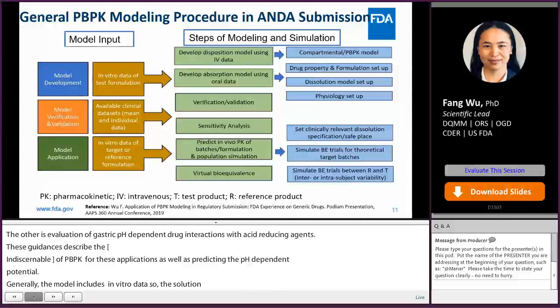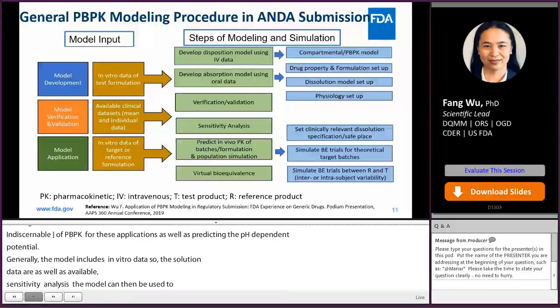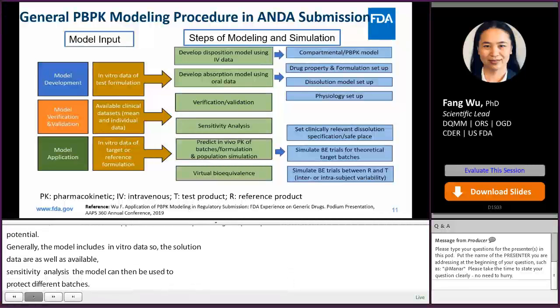After verification and validation of the model, sensitivity analysis could be conducted to identify the key factors that impact the in vivo performance. The model can then be used to predict in vivo PK of different batches. Virtual BE simulations can also be conducted to set dissolution safe space or to simulate BE trials between reference and test products.